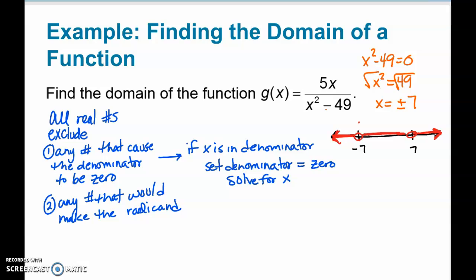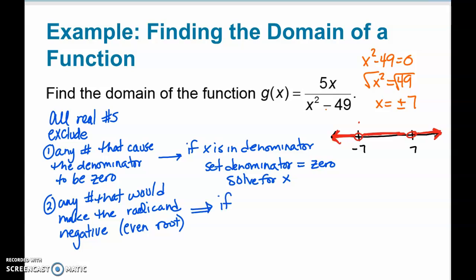And it has to have an even root, like the square root, the 4th root, the 6th root, the 8th root, all those even roots.